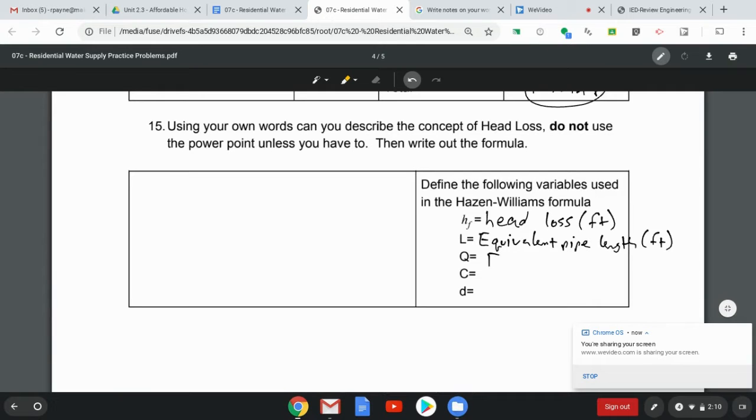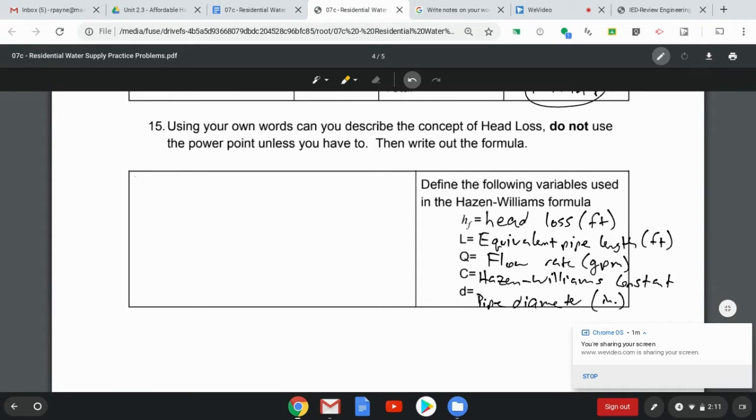Q is flow rate in gallons per minute. C is the Hazen-Williams constant. That's from a table. And then D is pipe diameter measured in inches.